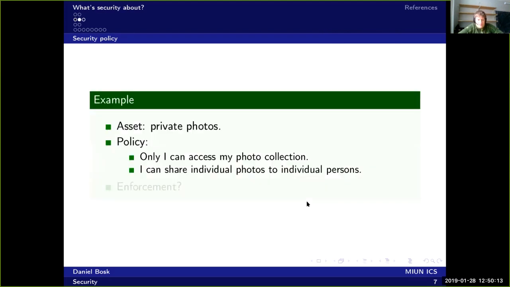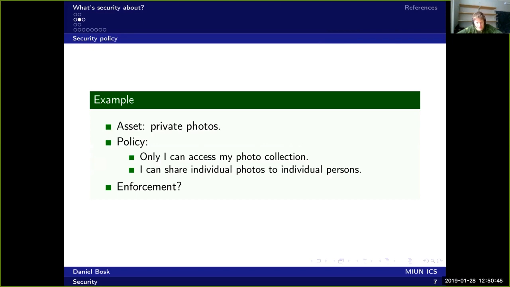So for instance, we have an asset which is private photos, and then our policy is only I can access my photo collection. I can share individual photos with individual persons. And then the question is, how do we enforce this? Usually, people store their photos, well, nowadays in the cloud, where they say that, okay, I want to be able to view my photo collection, except for those with whom I share particular photos.